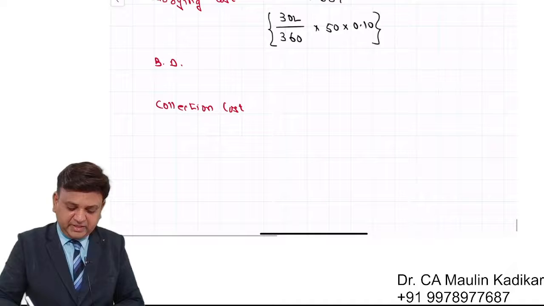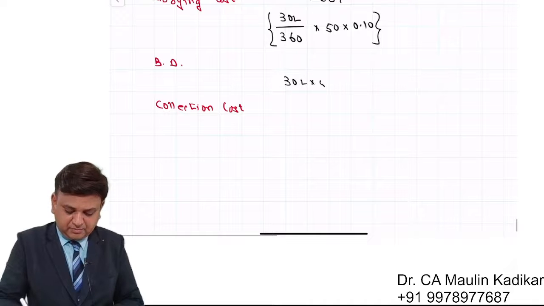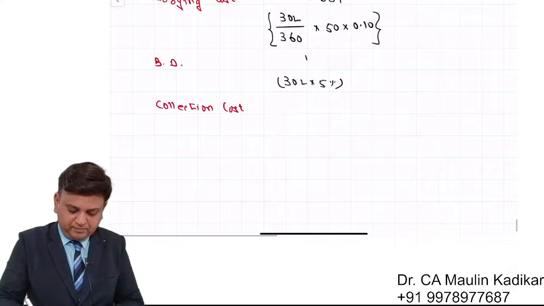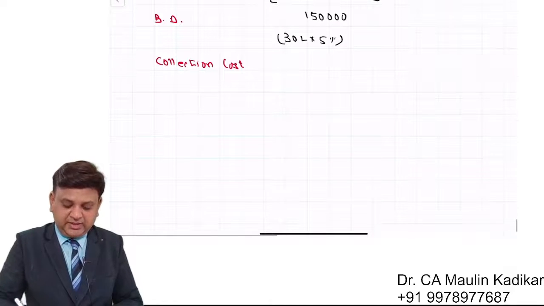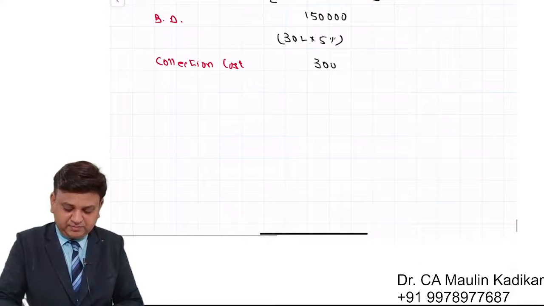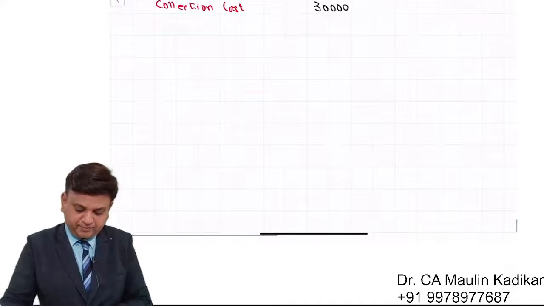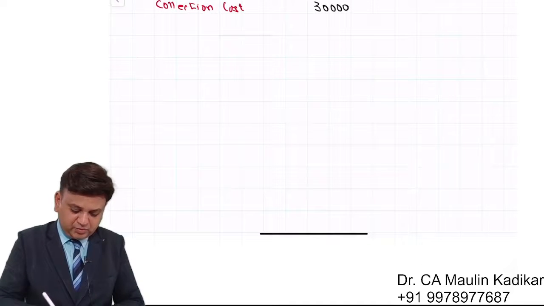Loss on account of bad debts at 5% is 1,50,000. And the collection cost would be 30,000. That is the way the total cost will be found.